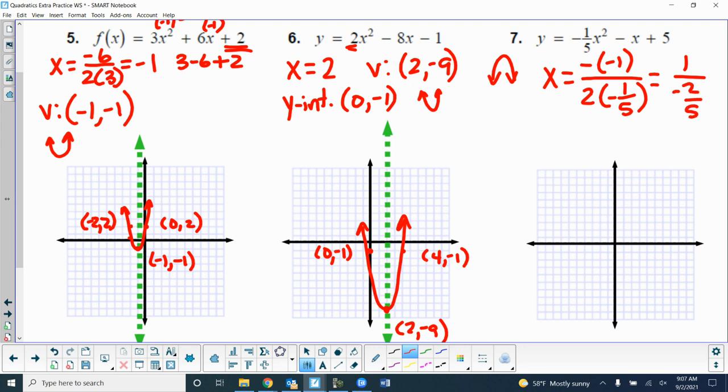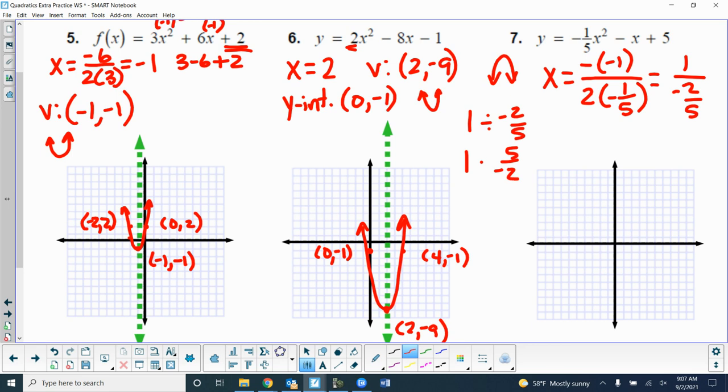Now, when you divide by a fraction, what have you learned that's much easier? Multiply by the reciprocal. You've heard that before, right? So the problem is 1 divided by -2/5 is the same as 1 times 5 over -2.